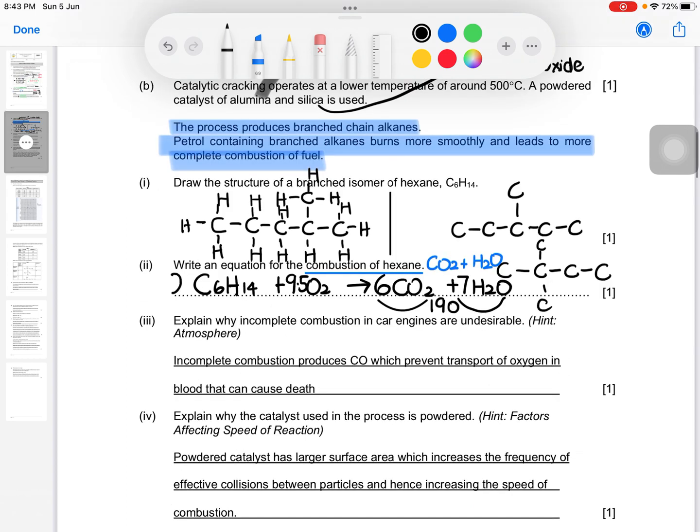So my final equation will be 2C6H14, plus 19O2, to give me 12CO2 plus 14H2O. So please take note.